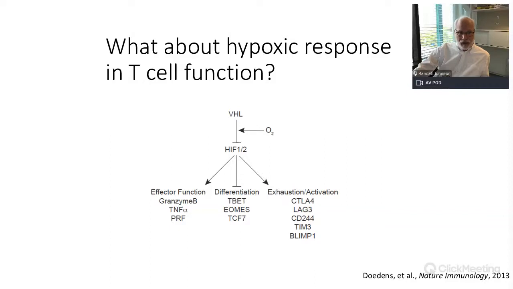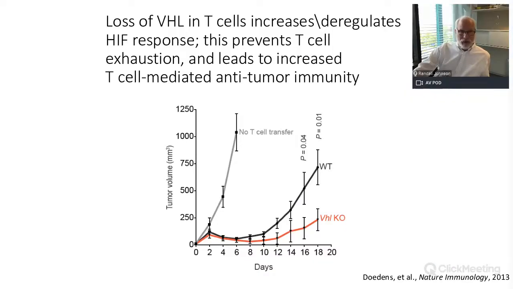He looked in the Goldrath group at VHL knockout cytotoxic T cells, and what they saw was that VHL knockouts actually had reduced rates of tumor growth when in an adoptive cell transfer system, where he was actually able to look at an overall level of tumor control induced by specific tumor killing in these models.